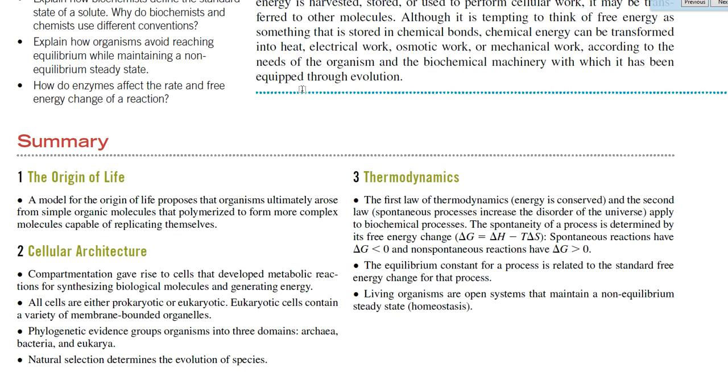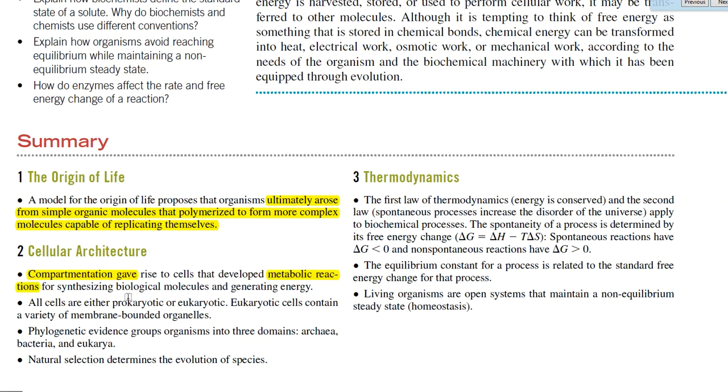So what are the key points of this chapter, origin of life. What we know is that life proposes that organisms arose from simple organic molecules which polymerized to form complex molecules which replicate themselves. And then the compartmentalization of organelles developed metabolic reactions, which allow biological molecules to synthesize and give energy.